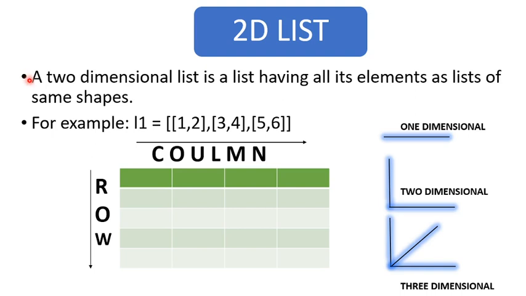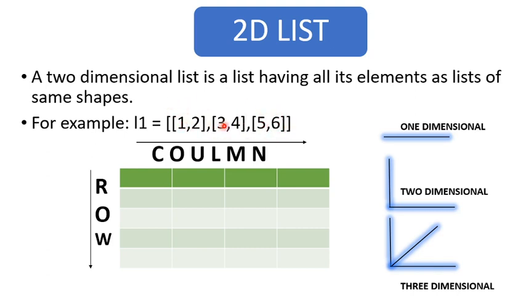Now, coming to the definition, a two-dimensional list is a list having all its elements as lists of the same shape. Okay, now what does it mean? It means that in 2D list all the elements of the list are lists. Here you are seeing the example. This is element 1, element 2 and element 3.